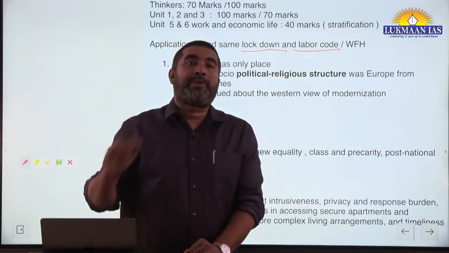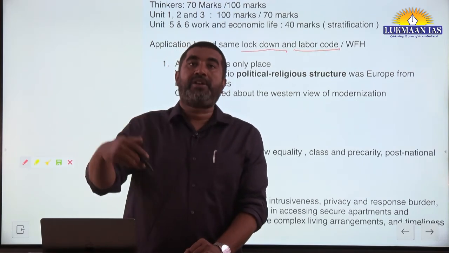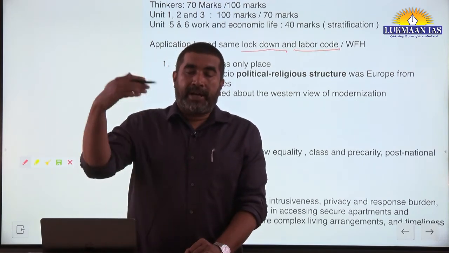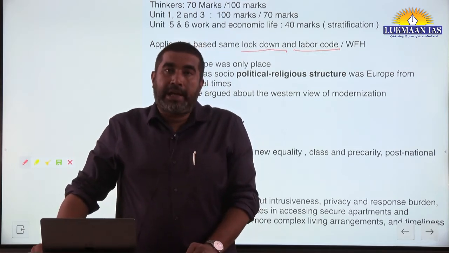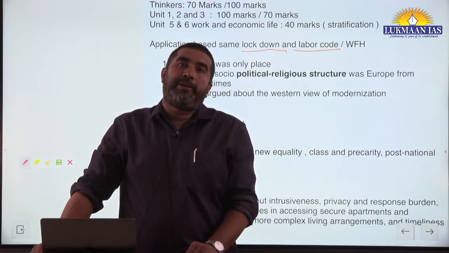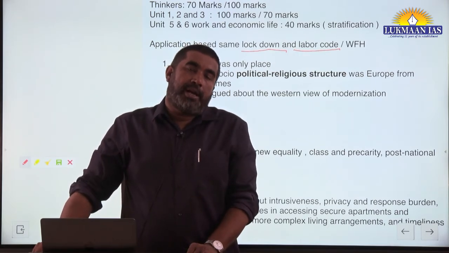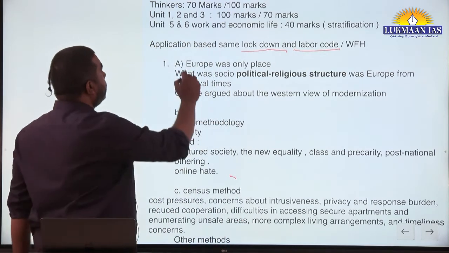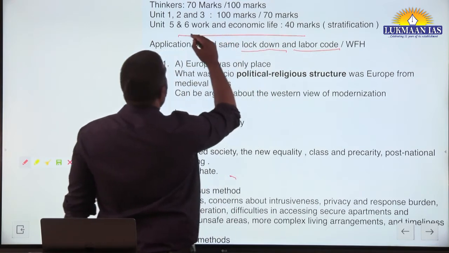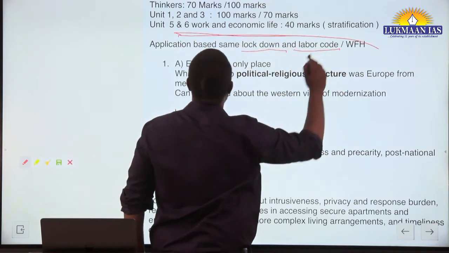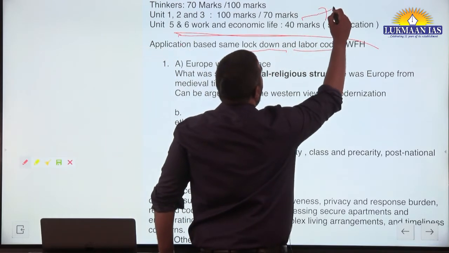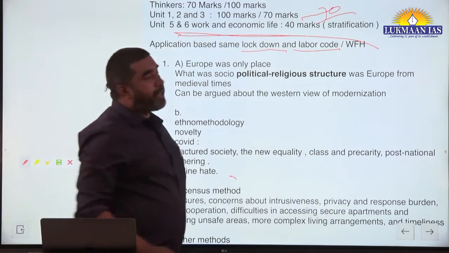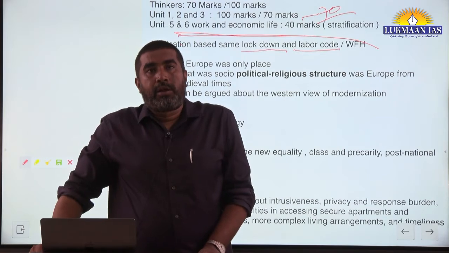This is only from paper 1, and only from one topic, work and economic life. You see that at least 40 marks will be from current developments or current affairs. Even in this unit, work and economic life, along with stratification, it will consist of another 70 marks, which will be based on current affairs.